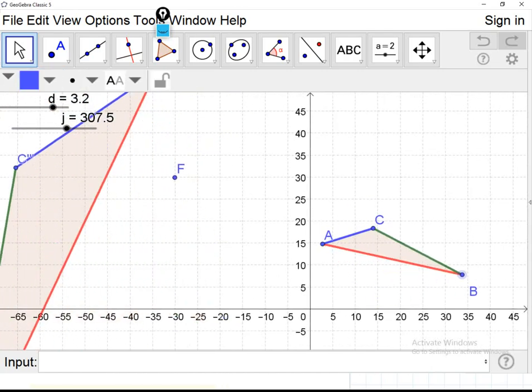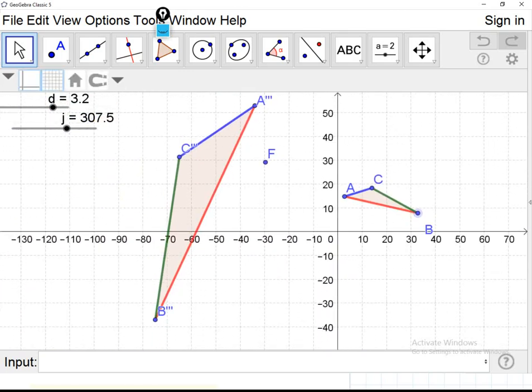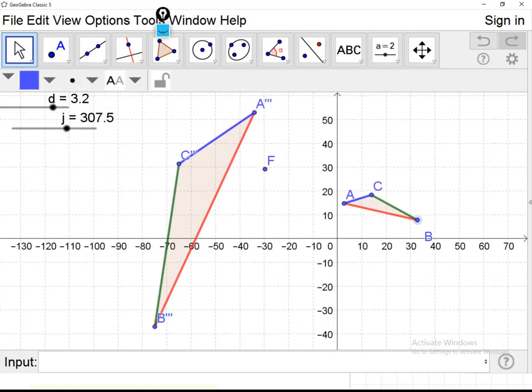Okay, and my argument is if I want to determine whether these two things are similar or not, I have to be able to compare, because I know nothing about the angles, but I do know what the blue lengths are, what the red lengths are, what the green lengths are.